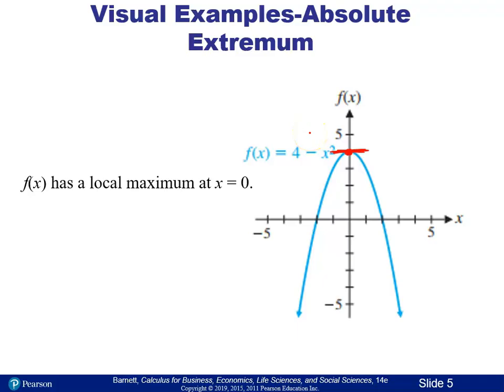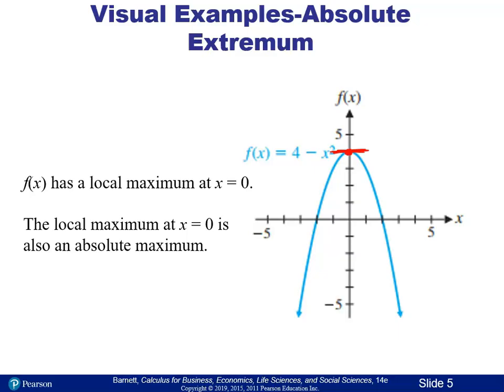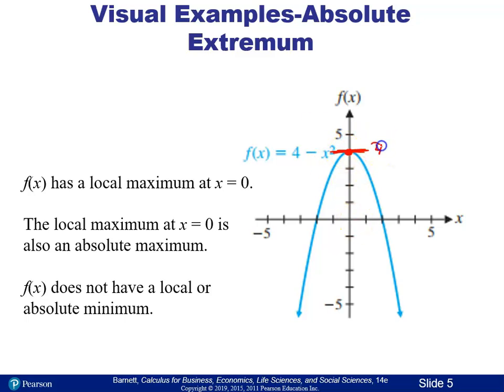So the absolute maximum that this particular function ever gets to is 4. It does not have a local or absolute minimum because it's got these arrows down here and it's going on forever in the negative direction, so no local or absolute minimums.